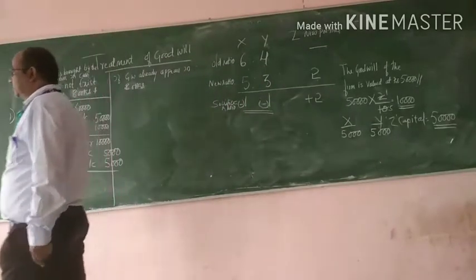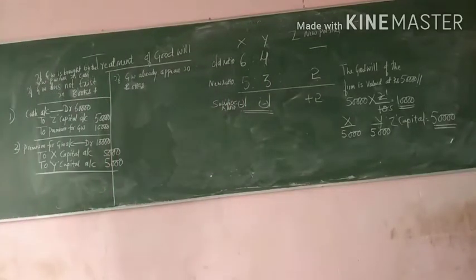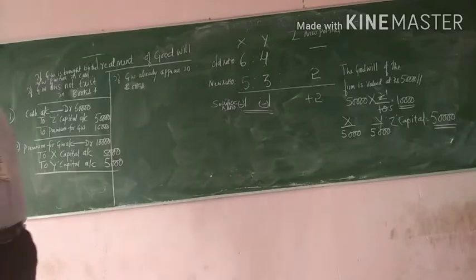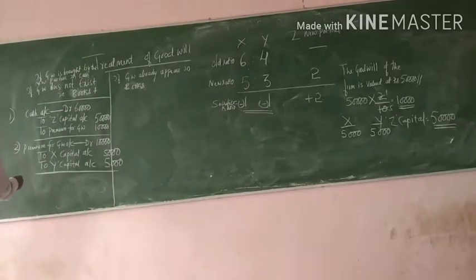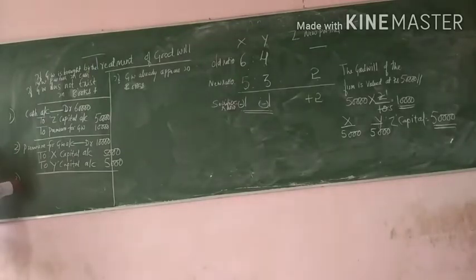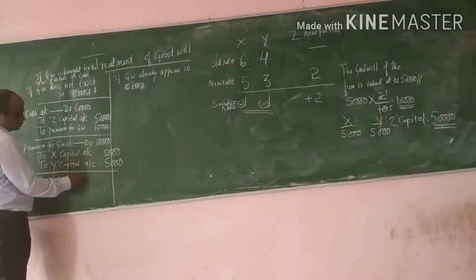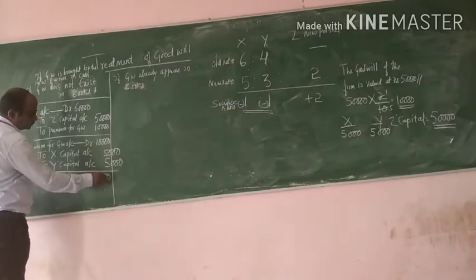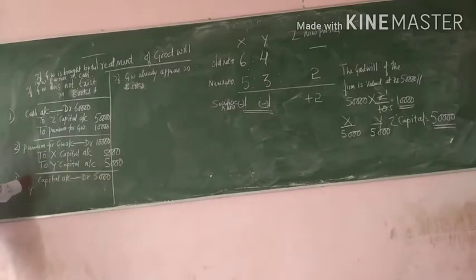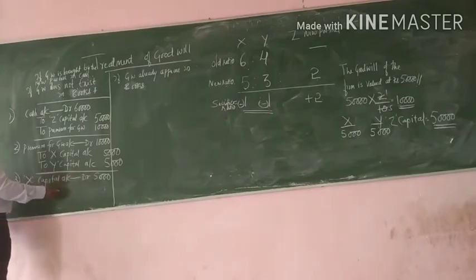In case the partners want to withdraw the goodwill amount, at that time the entry will be: he should withdraw from the capital only. X capital account, if he wants to withdraw the full amount. Y capital account. If only X withdraws, X capital account should be debited to cash.